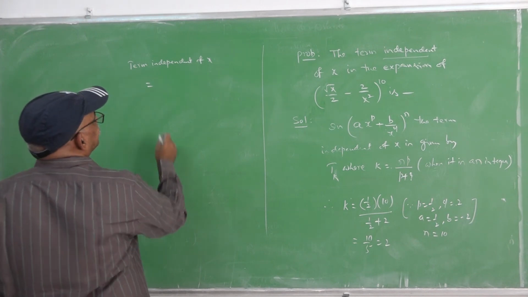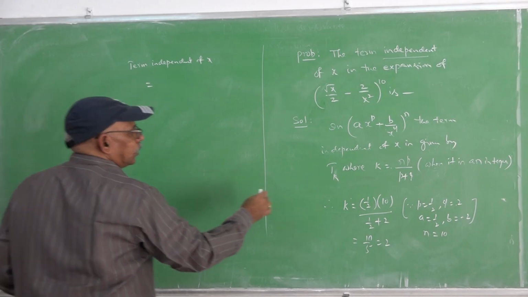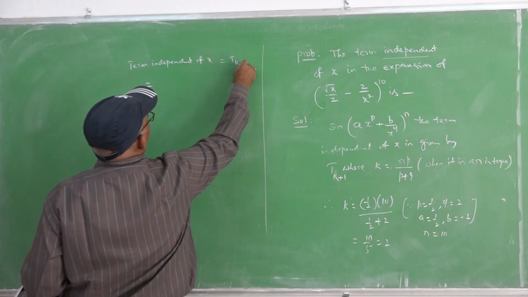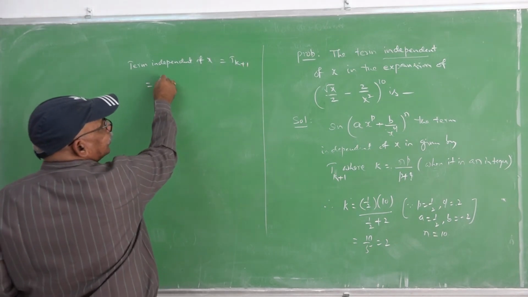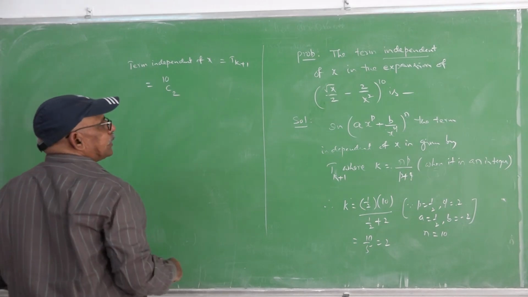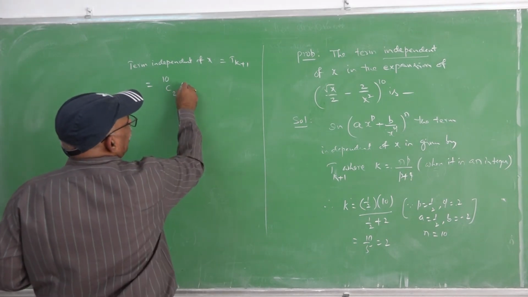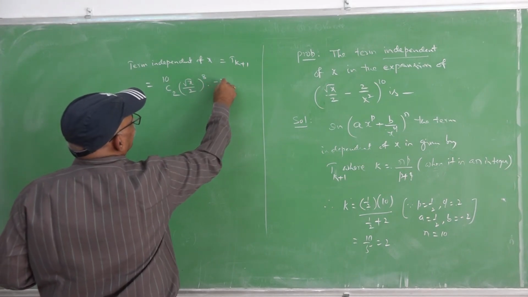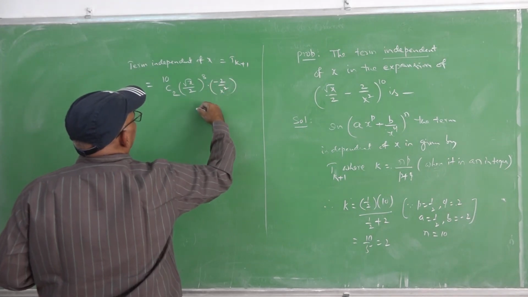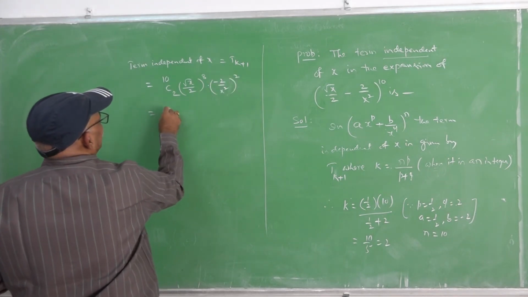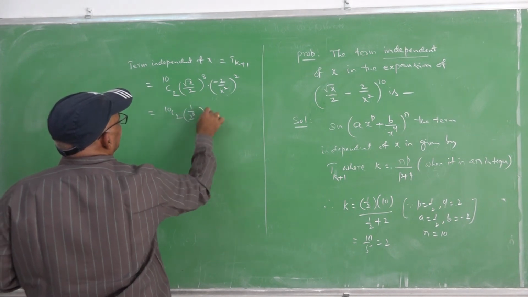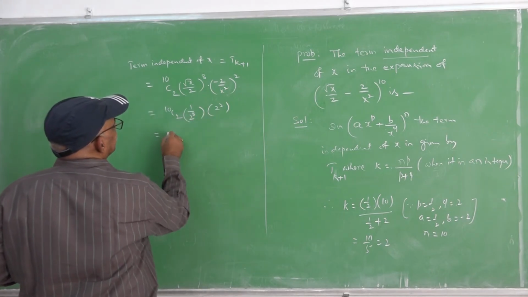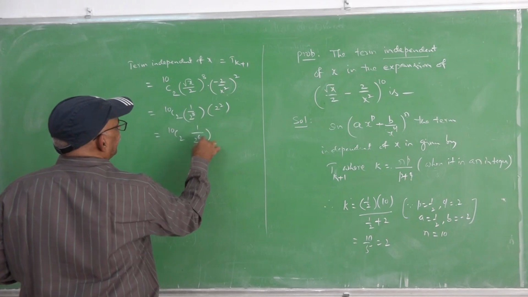T2 means, of course, k plus 1th term, equal to Tk plus 1, that is k takes the value 2. That means 10C2 (root x by 2) whole power 8 times (minus 2 by x square) whole power 2. 10C2 1 by 2 power 8 into 2 square. X powers will cancel. So this is 10C2 into 1 by 2 power 6.